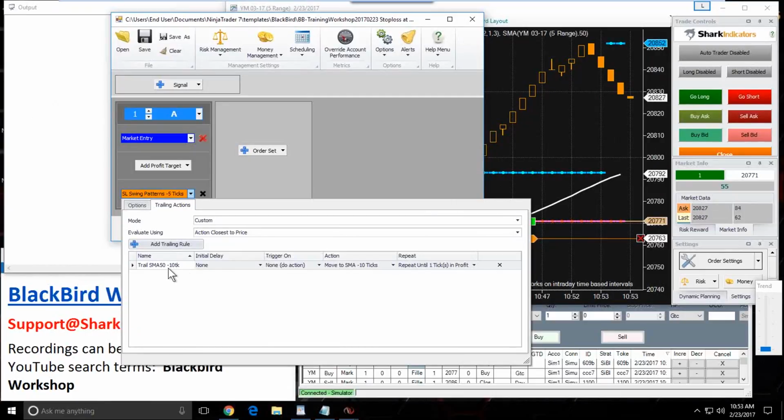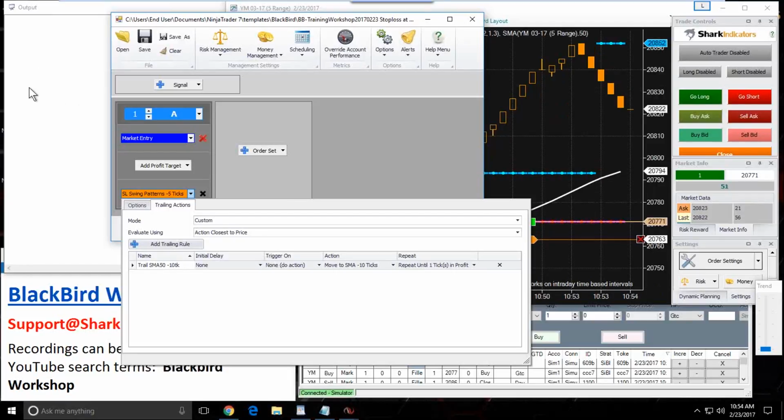It's possible that you could build 5 trailing rules here, and things could get really messy, and you may not necessarily build your trailing rules exactly the way you want your trailing stop loss to behave. So BlackBird will print to the output window the decisions it's making based on how you have your trailing rules set up.